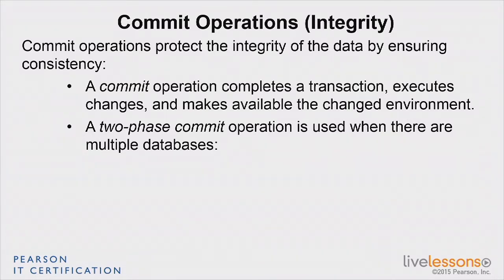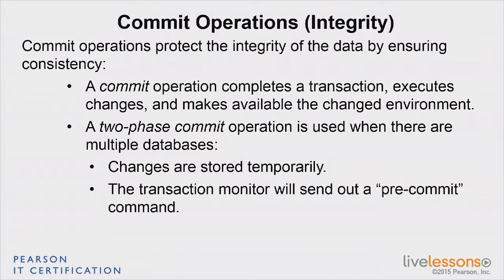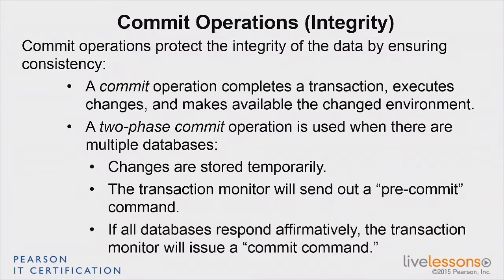What a two-phase commit operation does is store the changes temporarily. The transaction monitor will send out a pre-commit command to the databases. If all the databases respond affirmatively, then the transaction monitor will issue a commit command, which will be executed by each one of the databases. At that point, we're back up to our commit operation, which completes the transaction, executes the changes, and makes available the changed environment.